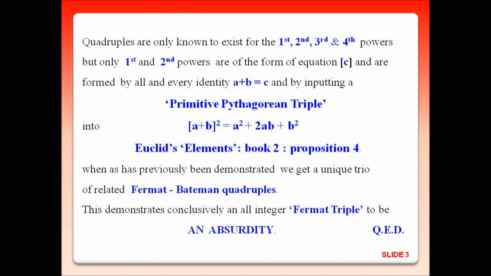This is just Euclid's Elements, Book 2, Proposition 4. When, as has previously been demonstrated, we get a unique trio of related Fermat-Bateman quadruples. This demonstrates conclusively an all-integer Fermat triple to be an absurdity, QED.